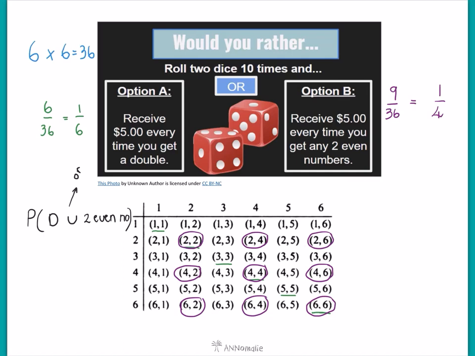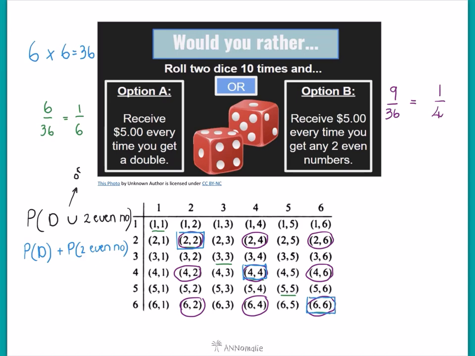So the formula for this is the probability of throwing a double plus the probability of two even numbers. We've got those. But now, in this case, we have counted some of the options twice. Let's look at which ones. This has been counted twice.